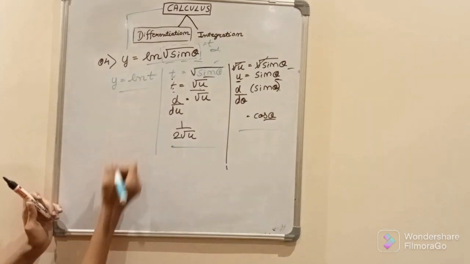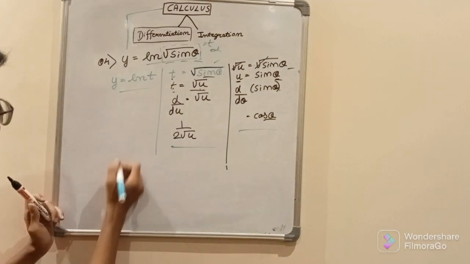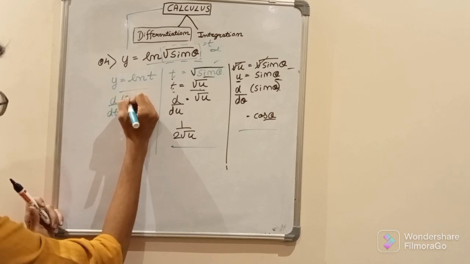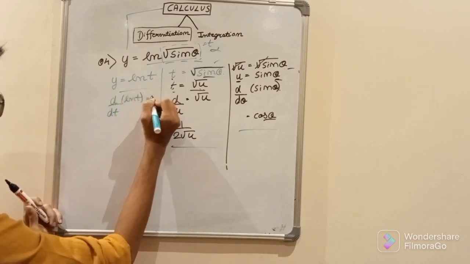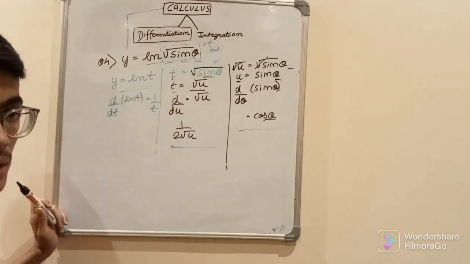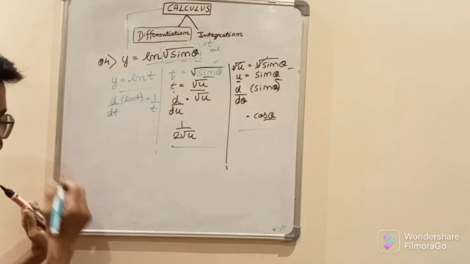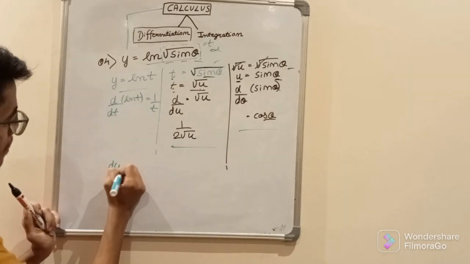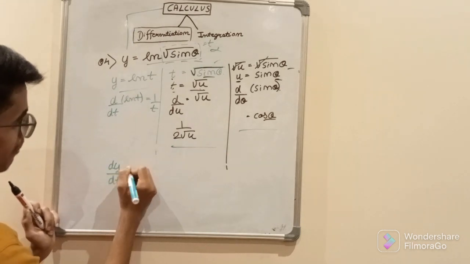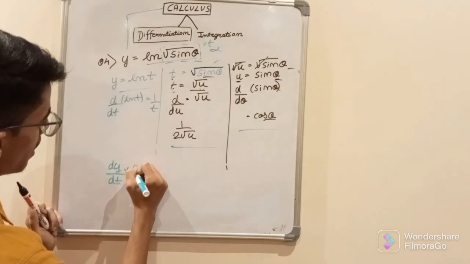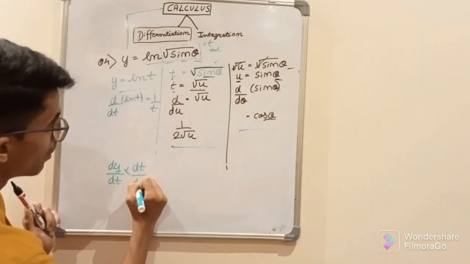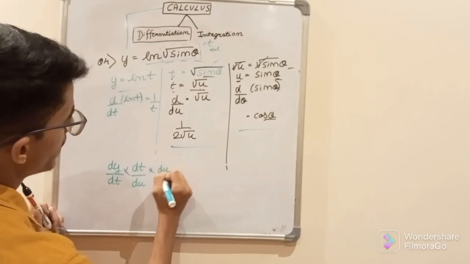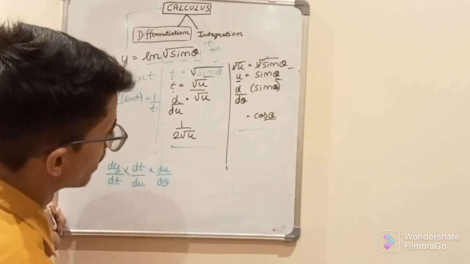So over here we have left this one, d upon dt ln t, which is differentiated as 1 upon t. So dy upon dt multiplied by dt upon du multiplied by du upon d theta.